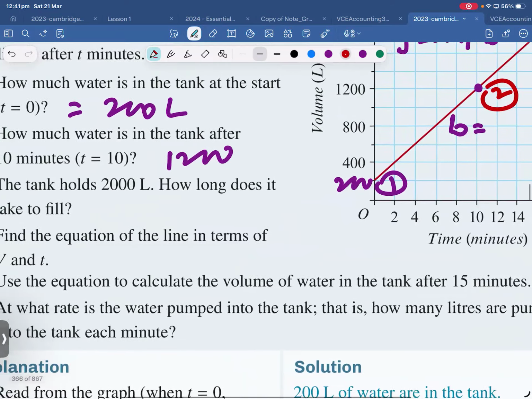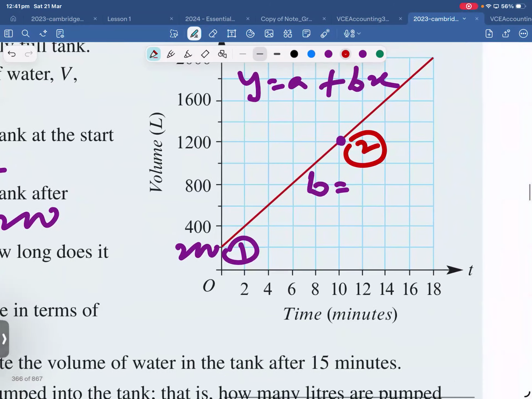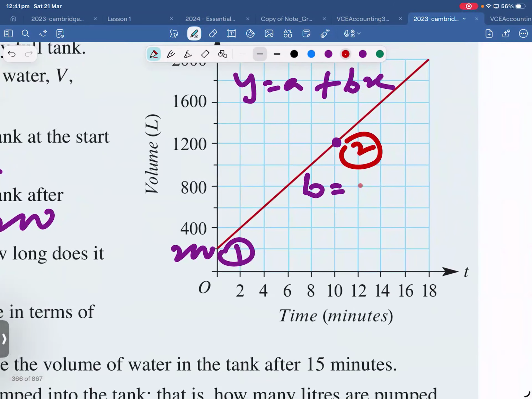Right. So then basically, what do we do? Y2 minus Y1. In this case, tell me Y2. Y2 would be 1,200. Yep. And then X2 will be 10.